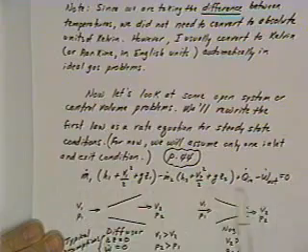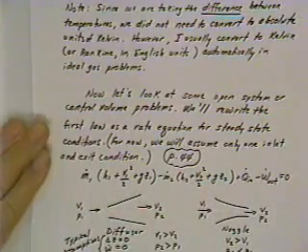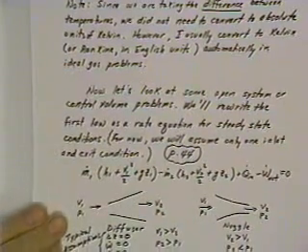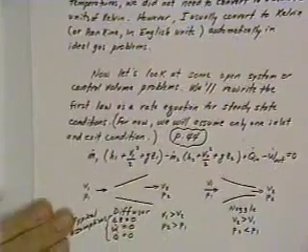So this is our basic equation for the first law, written as a rate equation for steady state conditions when we have only one inlet and one exit condition.